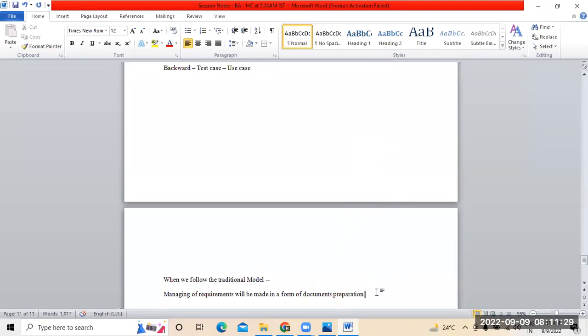Traditional model, something like waterfall model, V model, all that. So whatever we use, managing of requirements will be done based on preparing documents, because a lot of people are involved in it. We are interacting with many people, so communication can't be done manually.